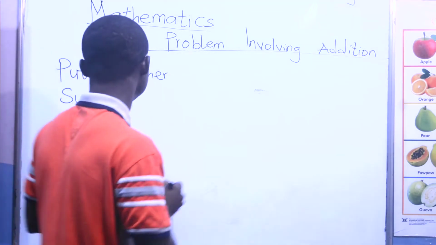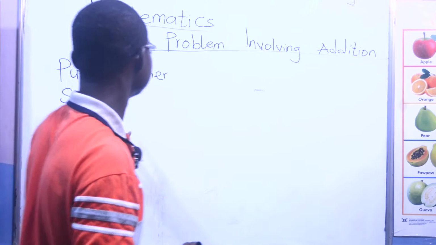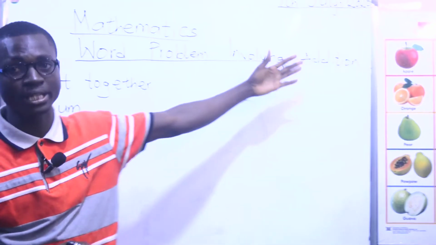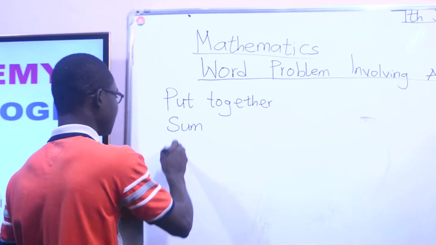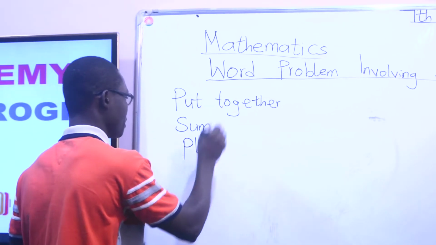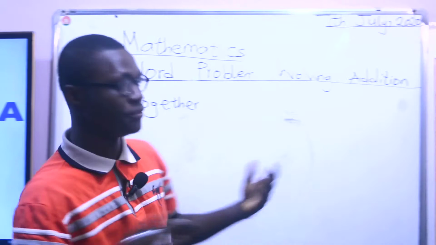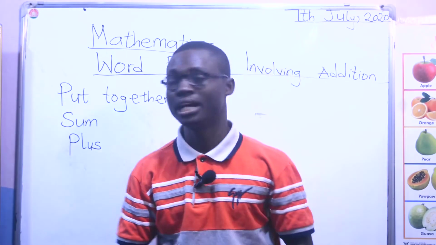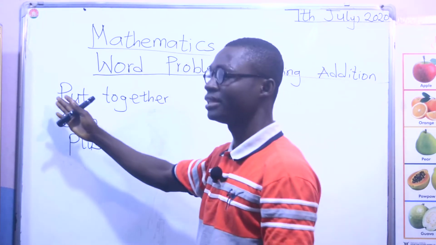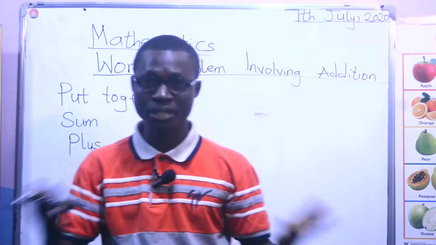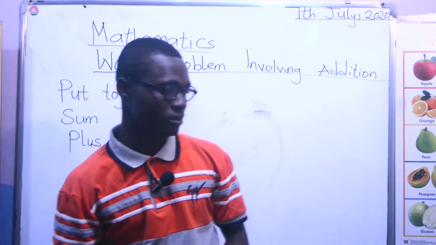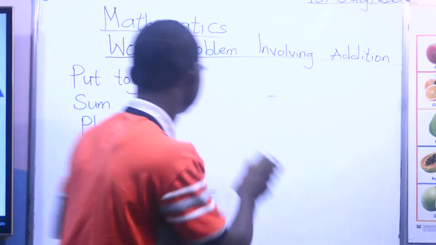So put together, sum, they are all involving what we call addition. We can also say plus. So if I give you any sentence and I use these words in it, it means you are just adding them together. I believe you have all understood. Okay, let's move on.